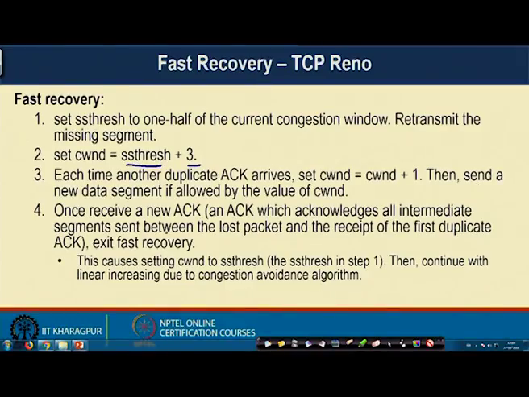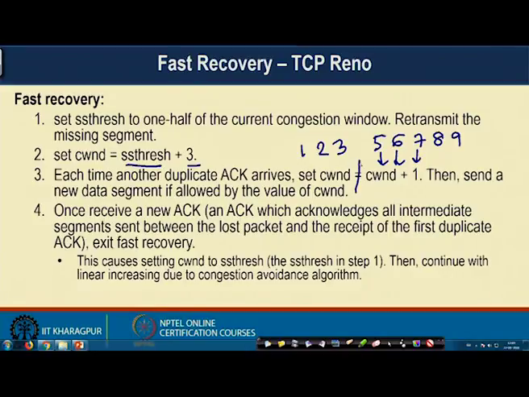Once you receive a new acknowledgement, you are receiving it because you have retransmitted the lost segment in fast retransmit. In the earlier example, say 4 has been lost, the receiver has received 5, 6, 7, 8, 9, and here you have received 3 duplicate acknowledgements corresponding to 5, 6, 7.